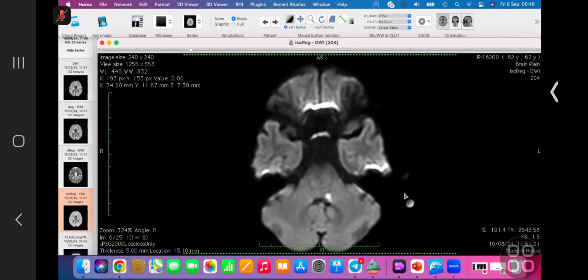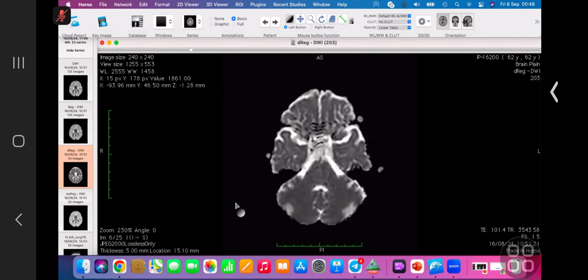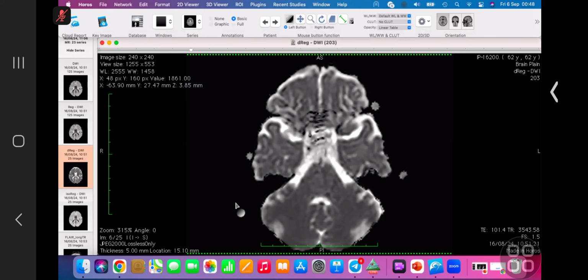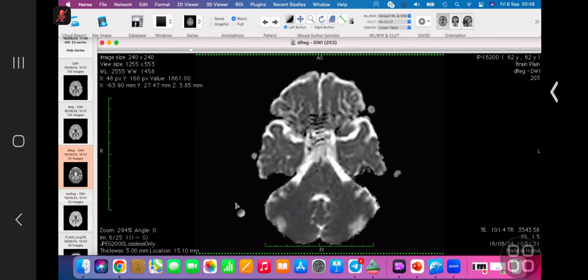I'd like to confirm the restricted diffusion on ADC and review the T2 and FLAIR of the same lesion, if available. Yes. This confirms restricted diffusion of the lesion at the left middle cerebellar peduncle.